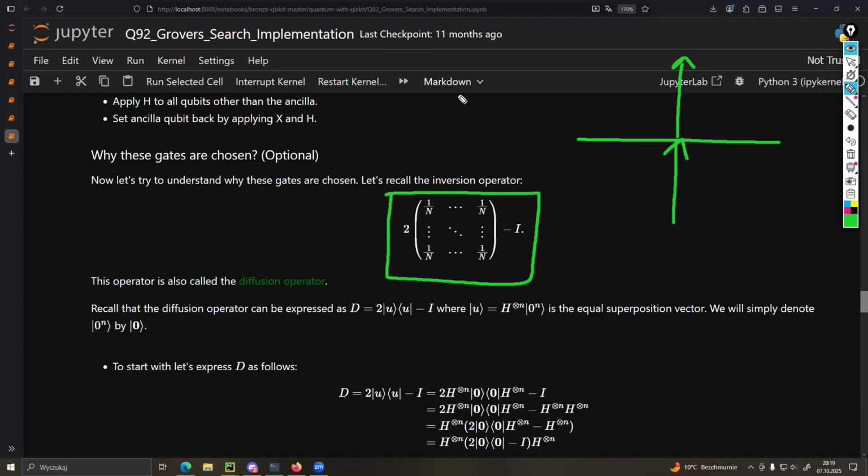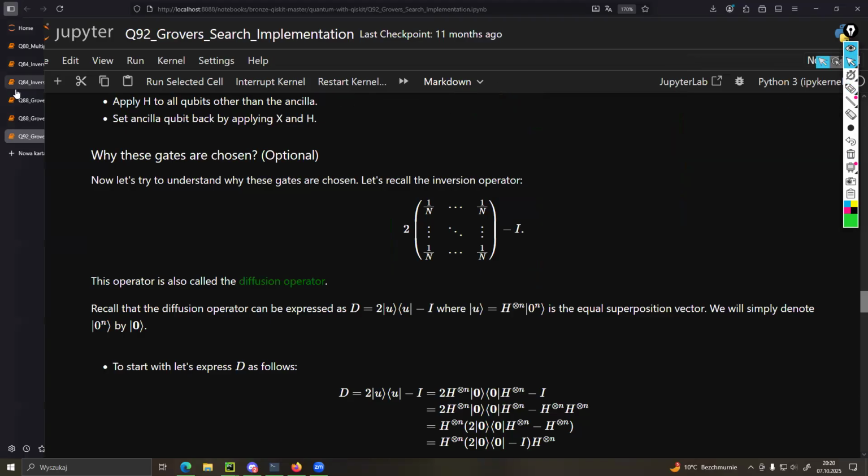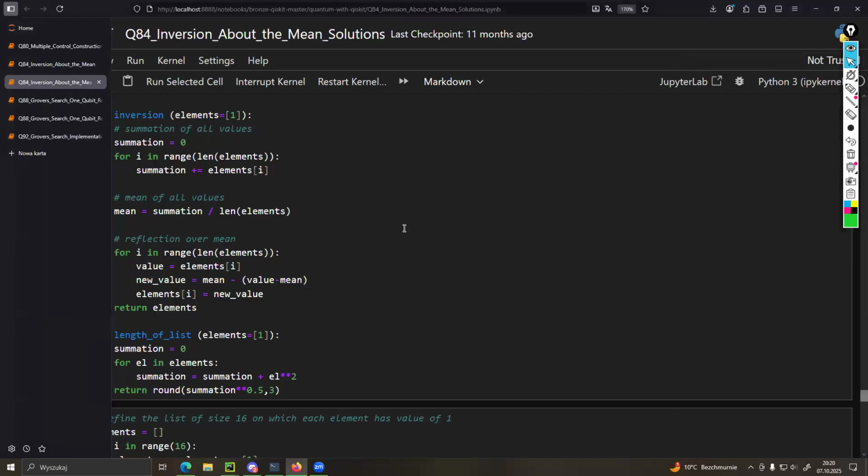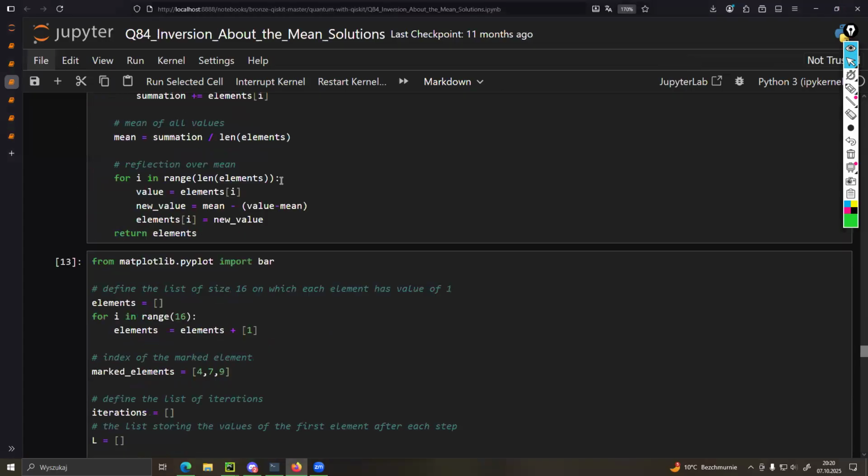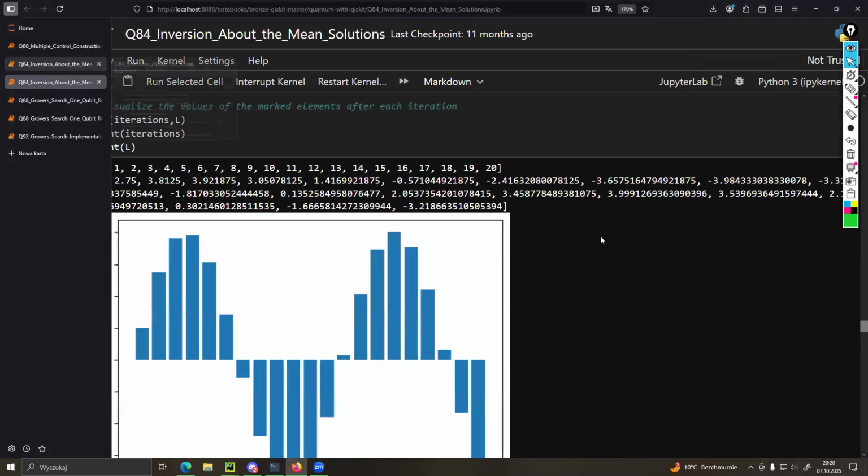So there is 2 times diff, and there is some initial state A. What did we actually do in this notebook? Let's go back.